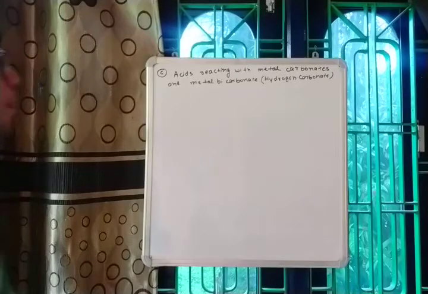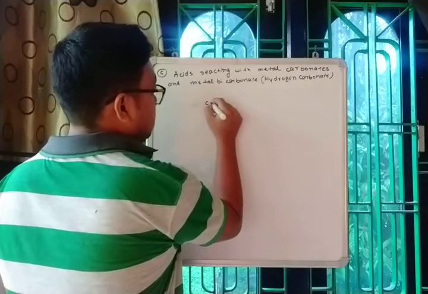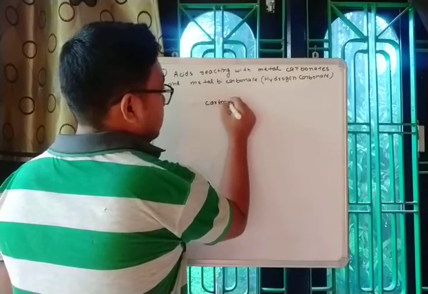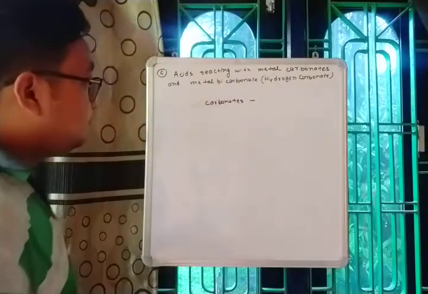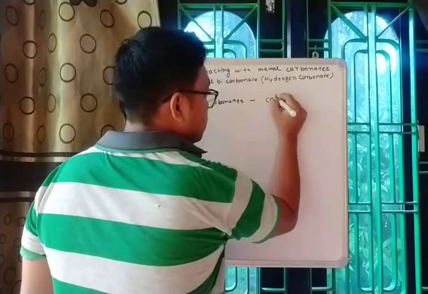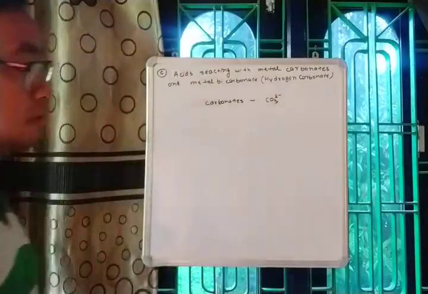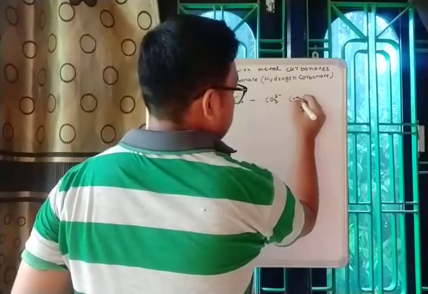So carbonate, before starting, just let me give you an idea. Carbonates are CO3 2 minus. That means their valency is -2.